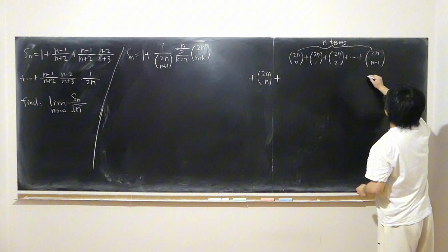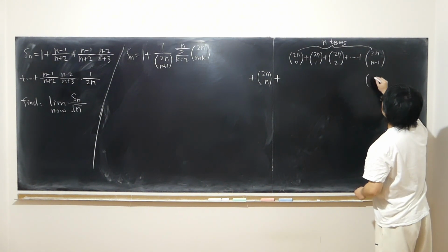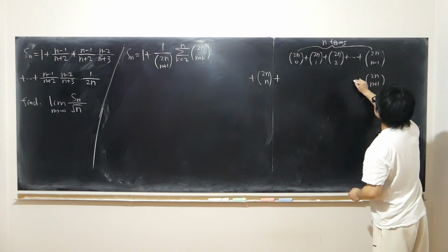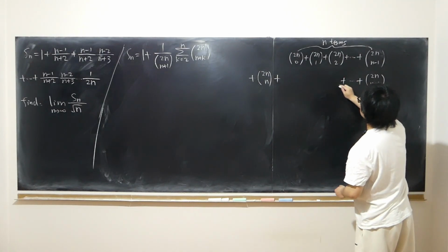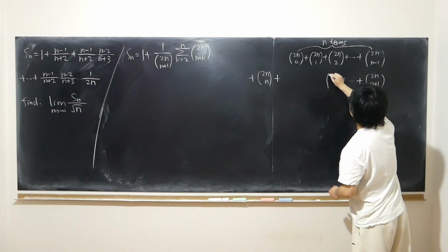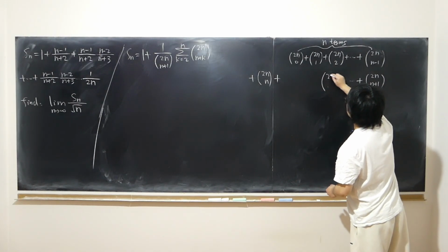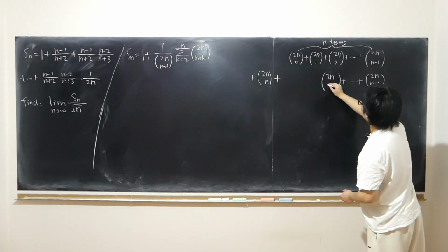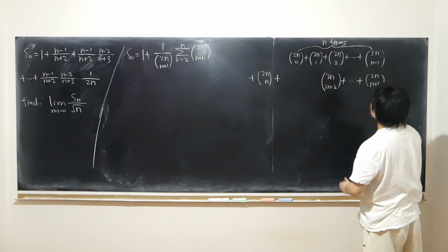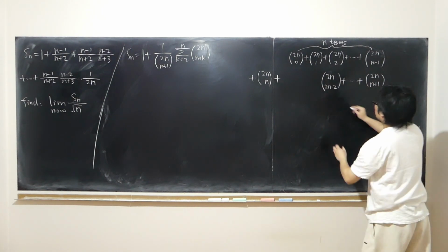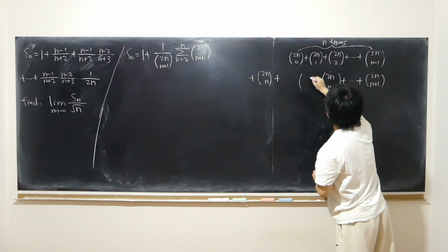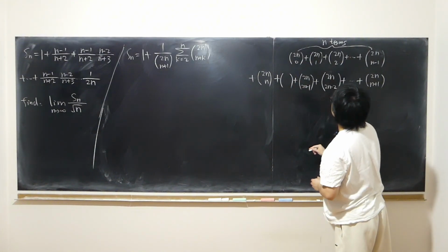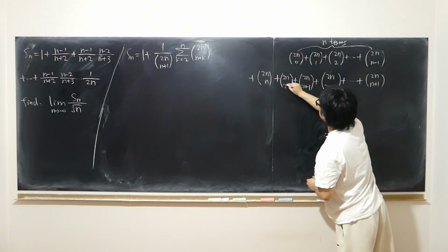So the next term should be 2n choose n plus 1, then all the way to 2n choose 2n minus 2, since the number here keeps reducing, then 2n choose 2n minus 1, 2n choose 2n.